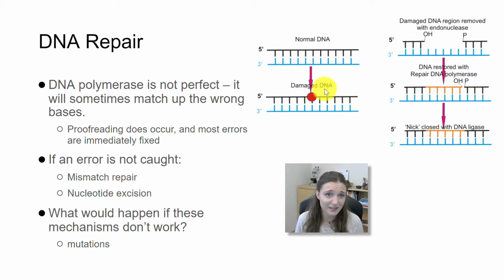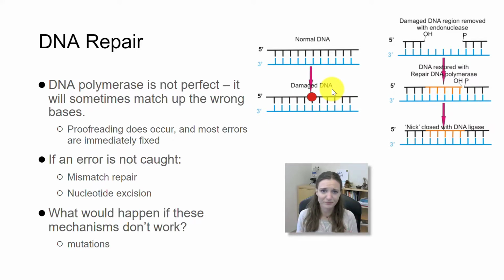So even though proofreading does occur, we might get a bond that happened incorrectly, where the wrong parts of the sugar and phosphate were bonded together, which creates a little bump in the DNA molecule. Maybe we put a cytosine instead of a guanine, or instead of adding a thymine, the wrong base could be in here, right? So basically we're going to trim out that section of DNA that the error has, a few bases on either side.